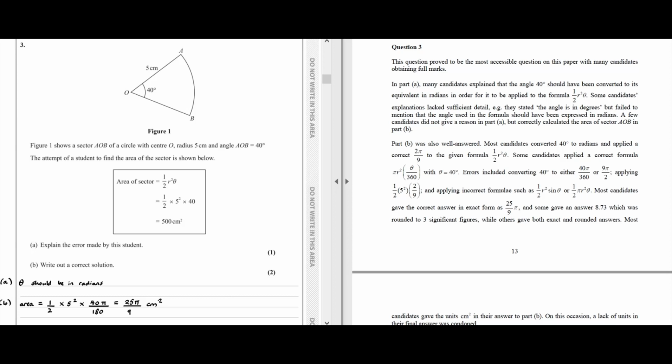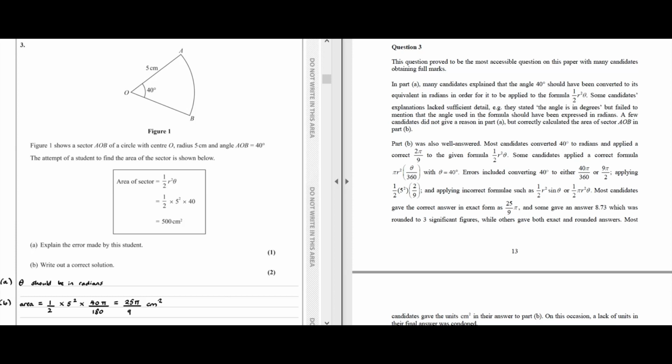A few candidates did not give a reason in Part A, but correctly calculated the area of the sector AOB in Part B, which was well answered. Those who answered Part B correctly converted the 40 degrees to radians. In radians it's 2 pi over 9, and then applied the formula. Some candidates applied the correct formula, pi r squared lots of theta over 360, with theta equaling 40.